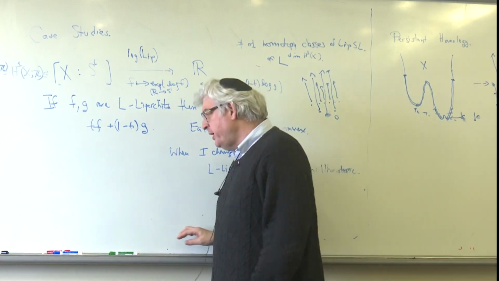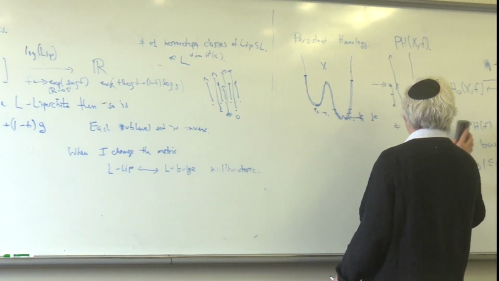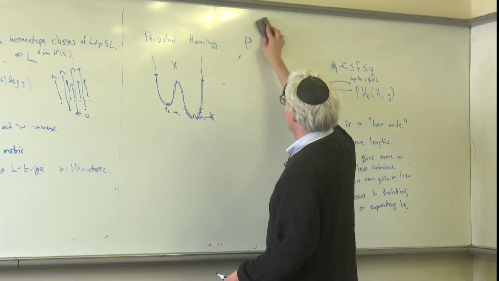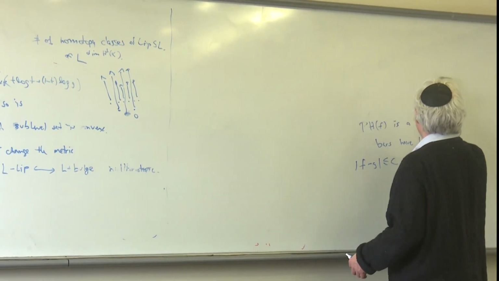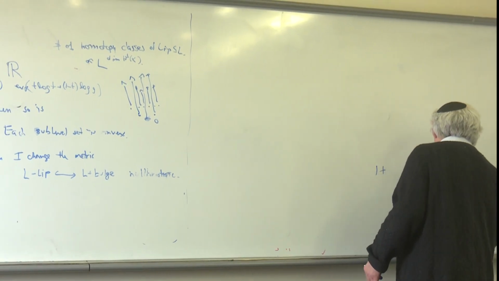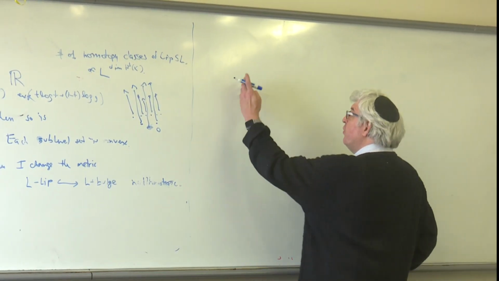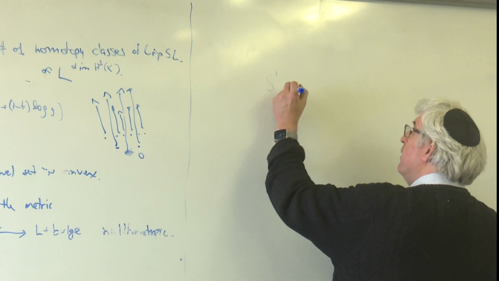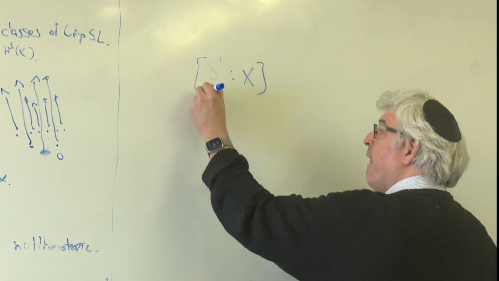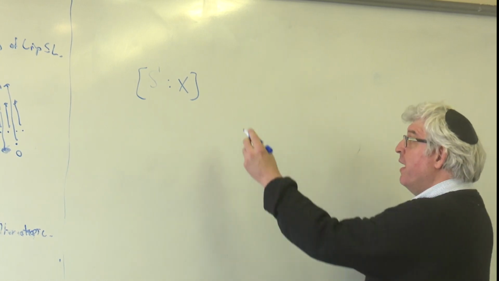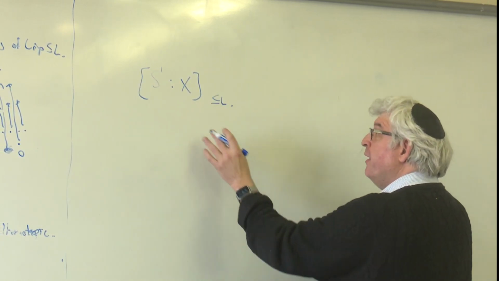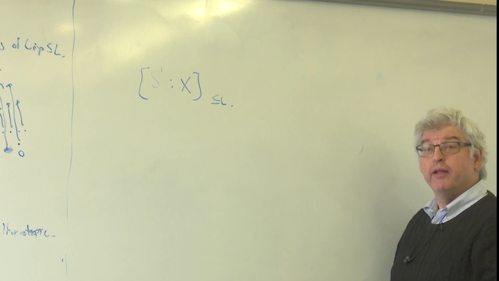So now let's do the opposite basic case. Which is maps from S1 into a space X. Okay? And now here, the things of size less than or equal to L, right?